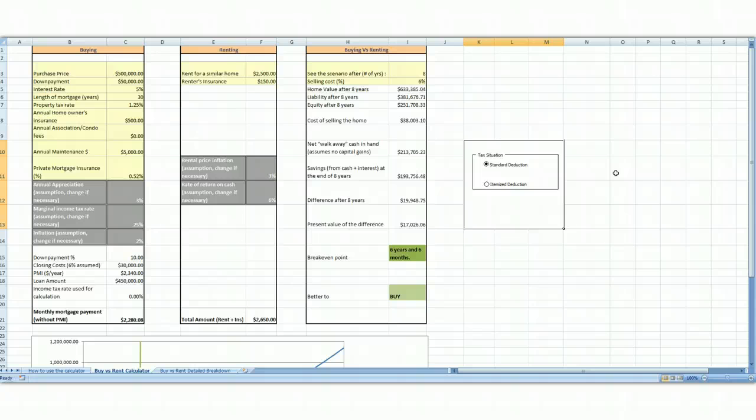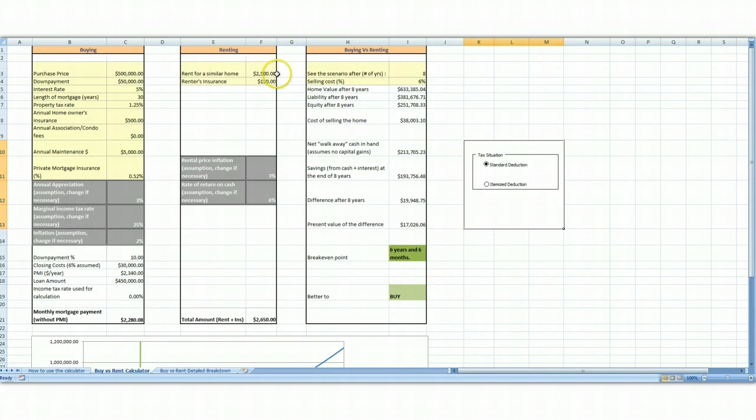Let's say a nice Southern California suburb. You like the neighborhood, the school district is good and not a bad commute either. And you find a house that you really like. The house right next to it is available for rent.